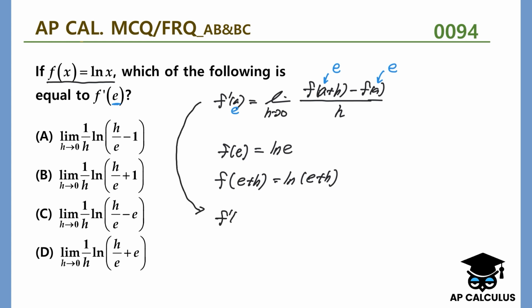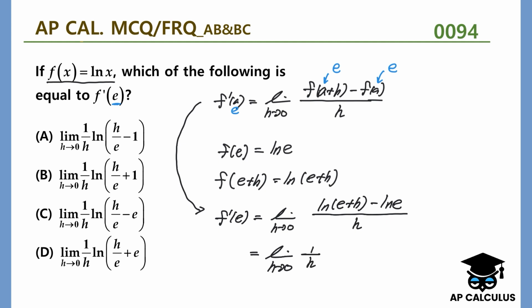F prime e is equal to the limit as h approaches 0 of natural log of e plus h minus natural log e over h, right? This can be written as the limit as h approaches 0 of 1 over h times all of this expression right here, right?